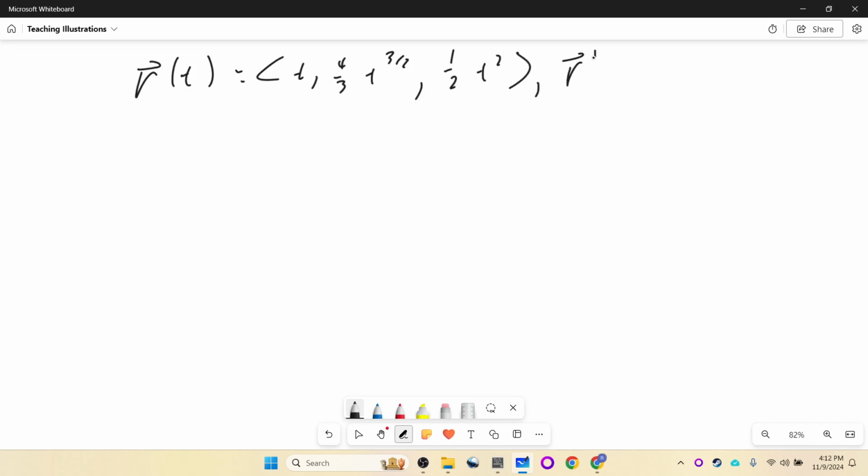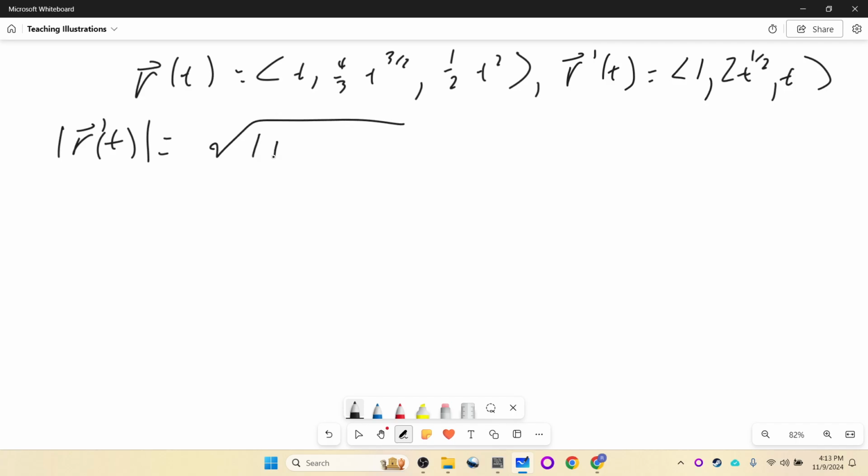So r prime of t is 1, then 4/3 times 3/2 would be 2 t to the 1/2, and then the derivative here would be t. So then the length of r prime of t is the square root of 1 plus 4t plus t squared.